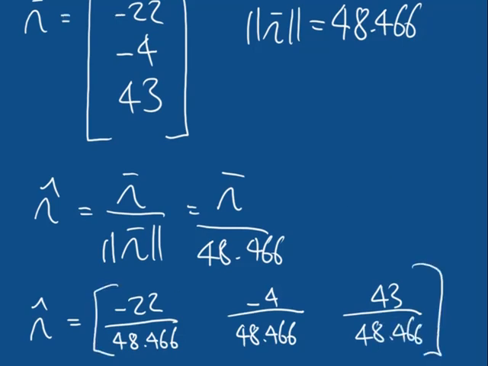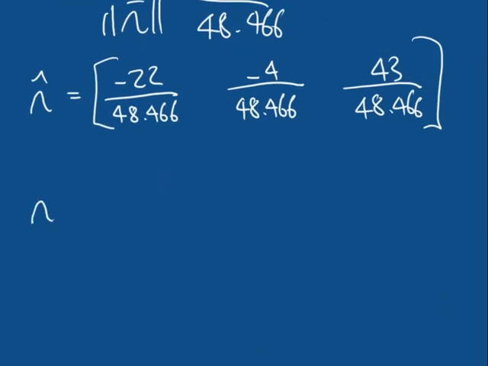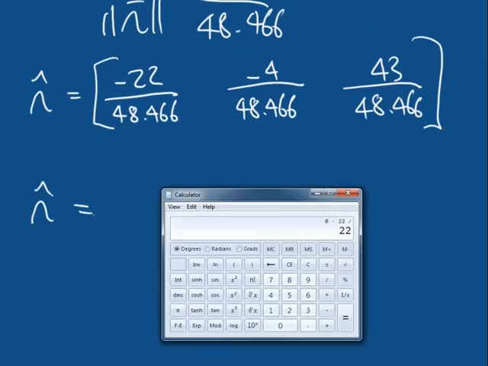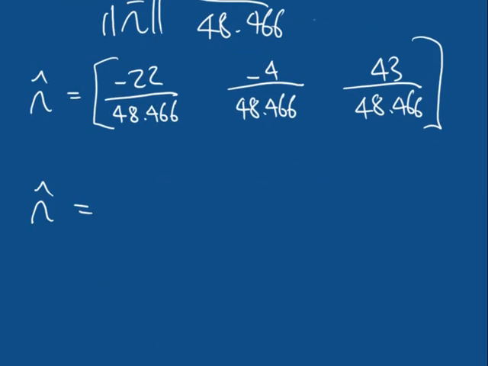Using a calculator, n hat is equal to minus 22 divided by 48.466, which is minus 0.454.